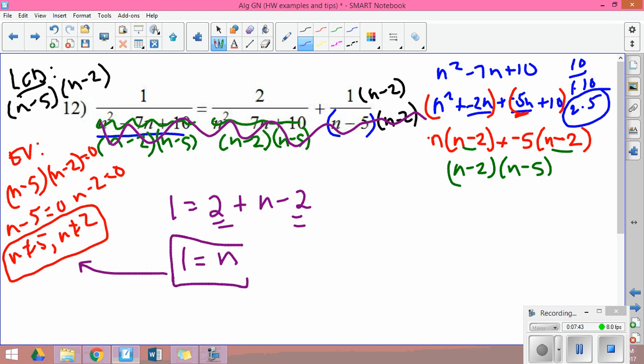So this is my answer. If I would get down to the end, let's say I'd gotten down to the bottom and I said n was 2. Because that's an excluded value, I would have to cross that off as a potential answer. So you always have to be certain that your answers are not showing up as your excluded values.